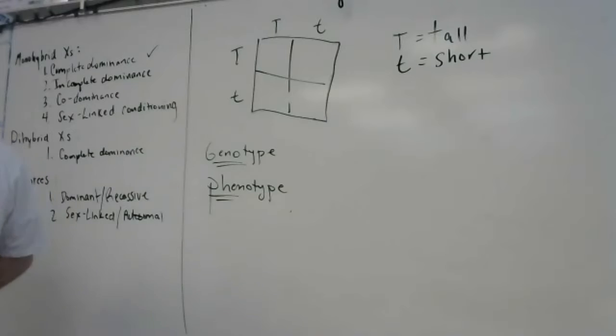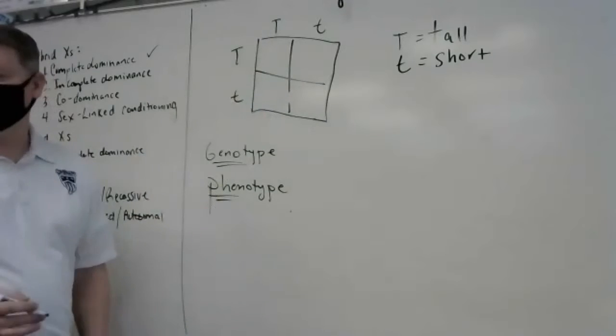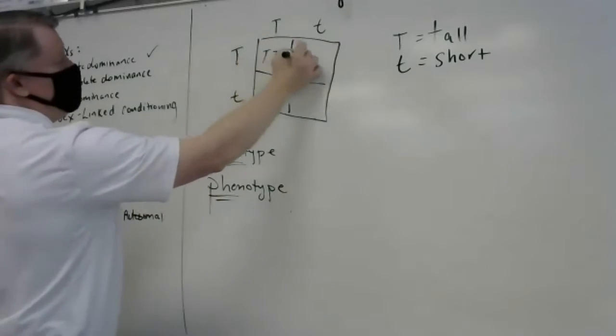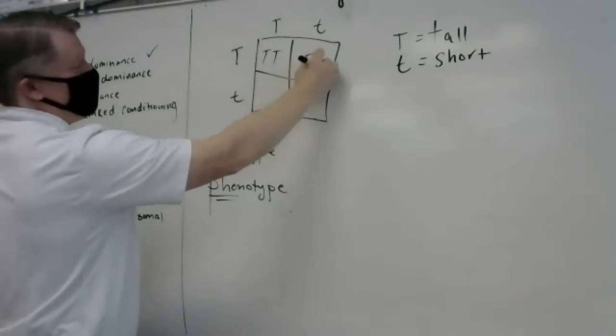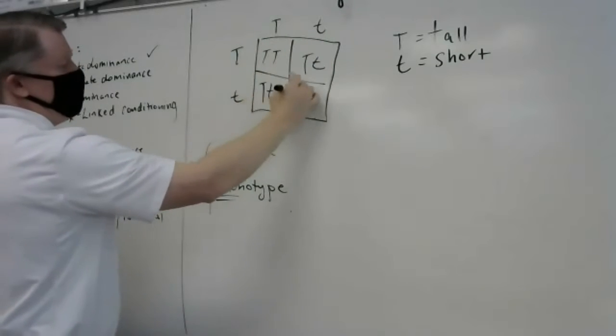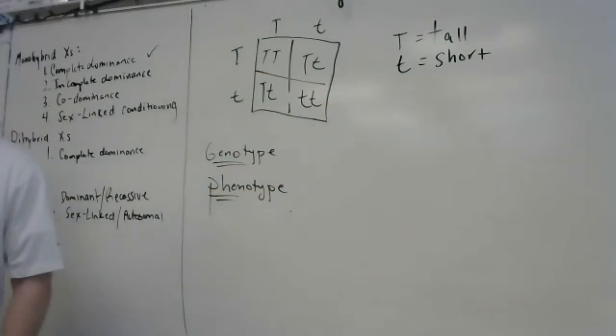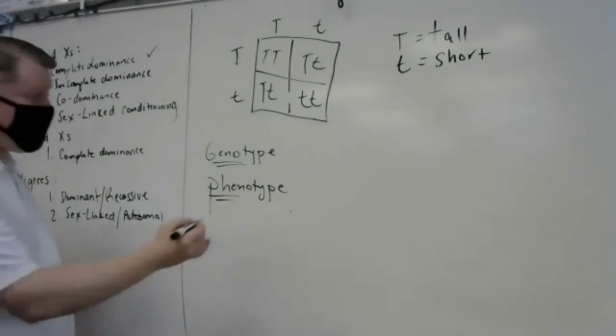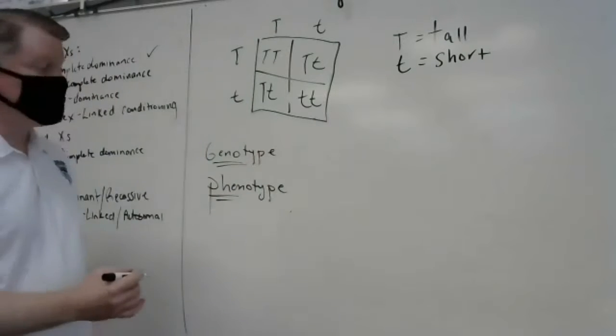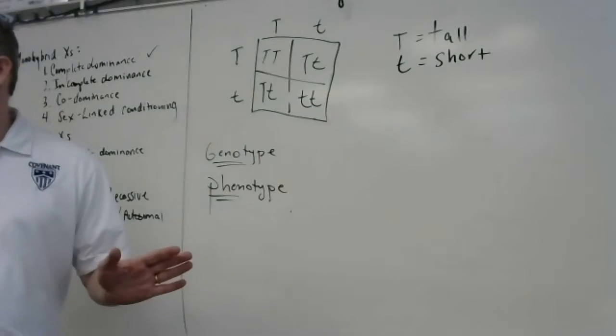So let's complete this. I'm using the same thing just so that you can see the comparisons. Obviously, nothing at the genotypic level has changed. At the genotypic level, this looks identical to what we just did. That means the genotype ratio is the same.